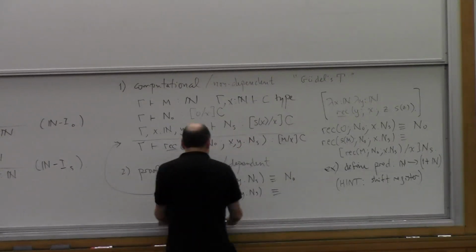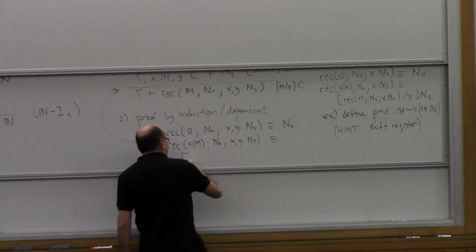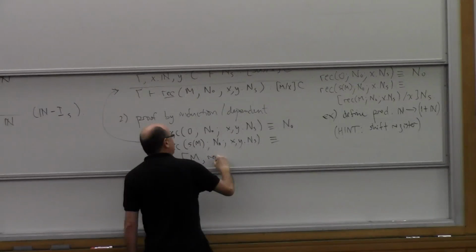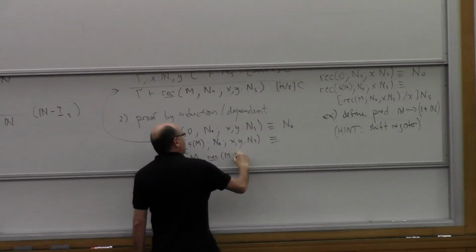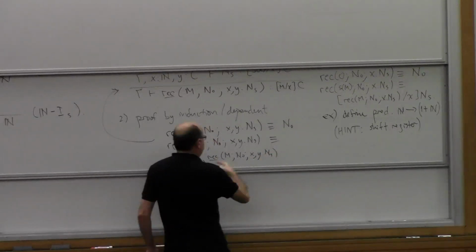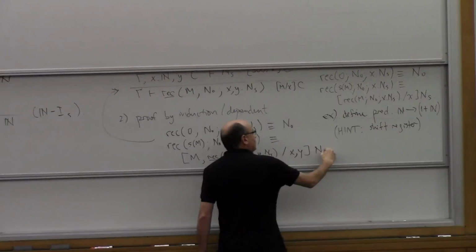What you do is you plug in the predecessor along with the result of the recursive call on the predecessor. So you call yourself recursively on the predecessor, and you pass those two bits of data in as x and y in ns.